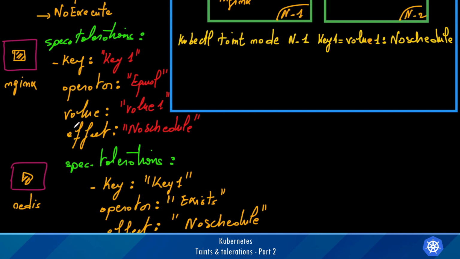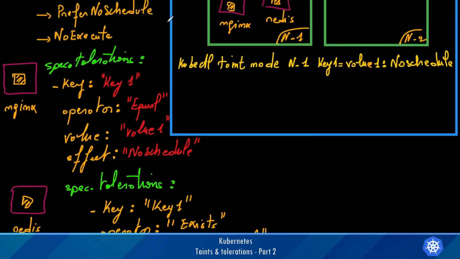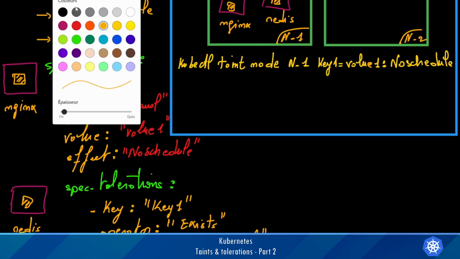And finally, we have the effect, where we mention the effect used for the taint. For example, if we set the key to something other than key1, this pod can't be accepted by the first worker node, because the key set in the toleration is different from the key set for the taint. So we should mention the same key.